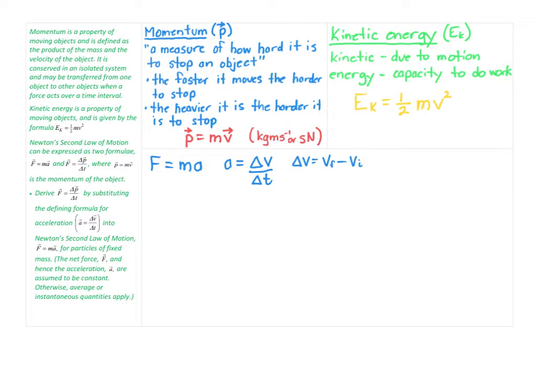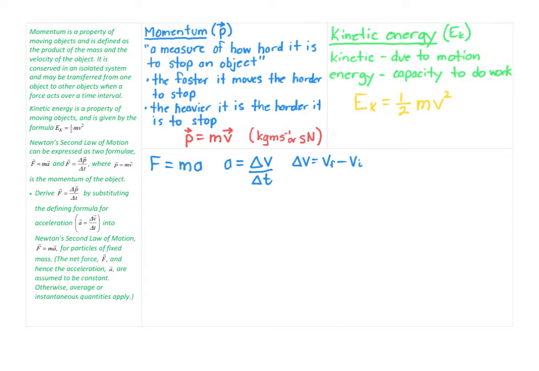The next thing that we need to do is basically derive this formula here using Newton's second law, which is this formula here, and the formula for momentum, and also the formula for acceleration, which I've got here.